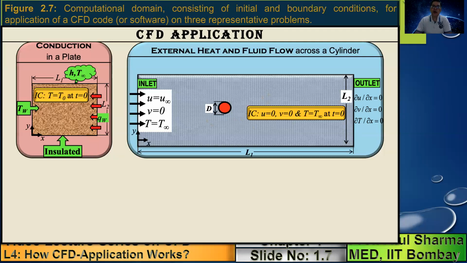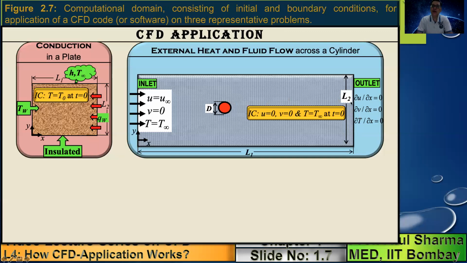Now, we know the physics of the flow, so we understand that when the fluid passes through the circular cylinder, downstream of the cylinder, there is some vortex formation, and as it goes down, it reaches a situation where the flow becomes fully developed, in which case the streamwise gradient of velocities as well as the velocities are 0, as well as the streamwise gradient of temperature is 0.